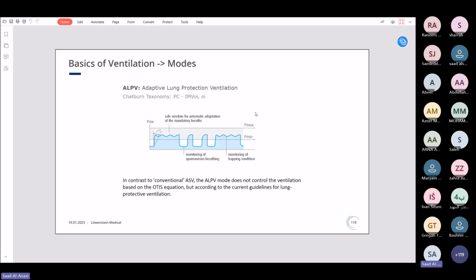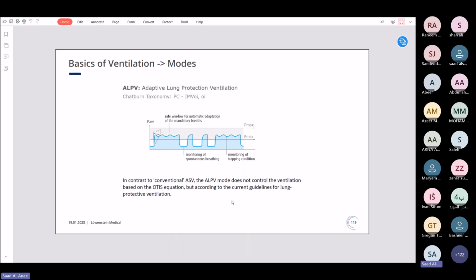We also have a new mode, the adaptive lung protection ventilation. In contrast to the conventional ASV, the mode does not control the ventilation based on the Otis equation, but according to the current guidelines for lung protective ventilation.